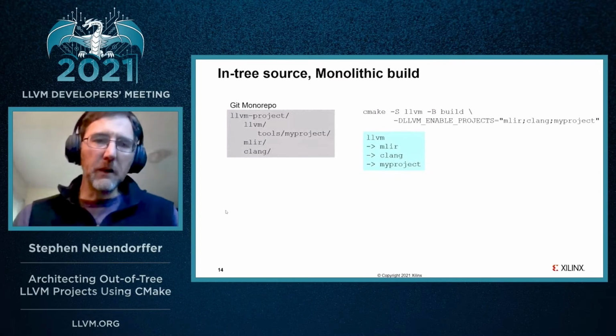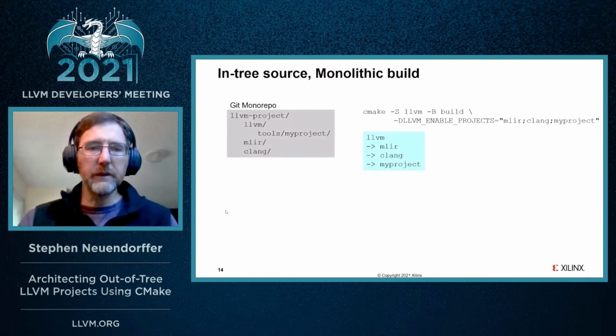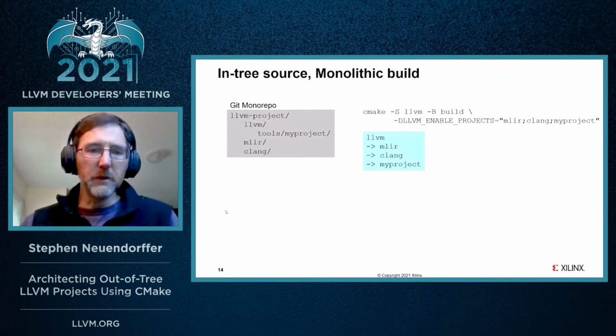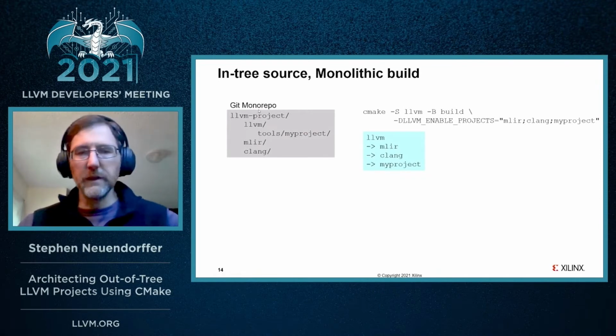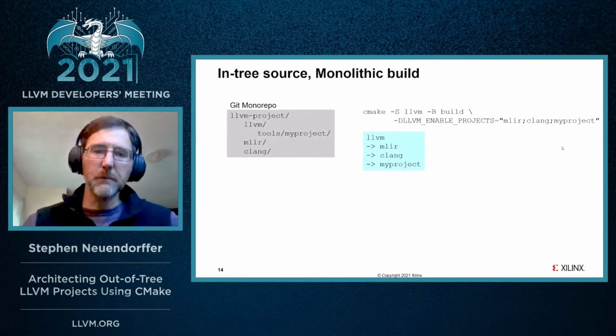So now let's talk about a few different ways that we can architect our build in a little bit more detail. So earlier I talked about an in-tree source and a monolithic build. So in that case, we might have our Git mono repo checked out, and we've started adding our project inside the LLVM tools subdirectory. And in this case, it's very easy to configure and build your project along with LLVM by specifying LLVM enable projects and adding your project to the list of projects that get compiled.